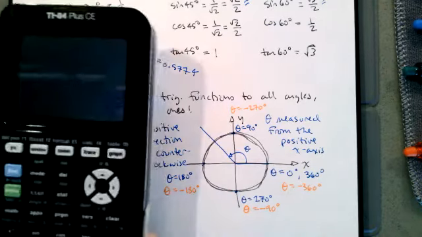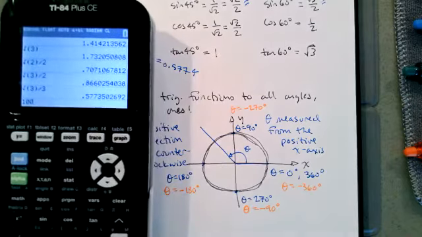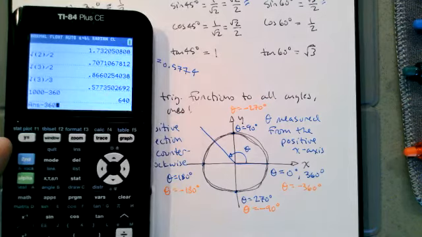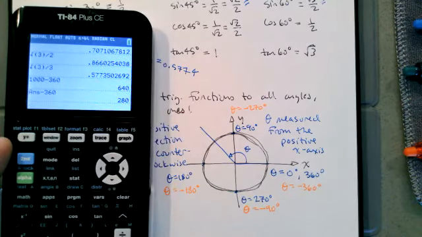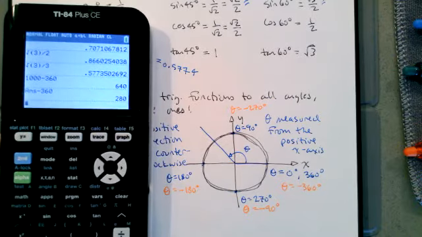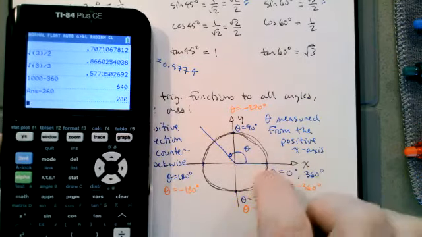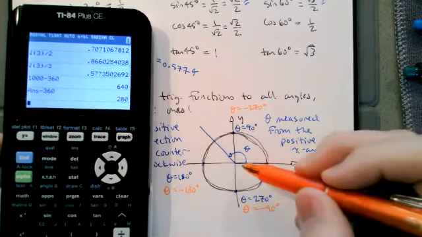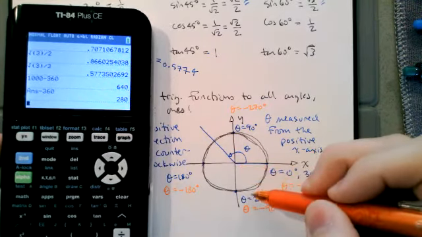I start subtracting off full circles. That's 2 full circles. A 1,000 degree angle will be at the same place a 280 degree angle is. It will go around once, twice, and then 280 more degrees and be somewhere down here, a little past the 270.